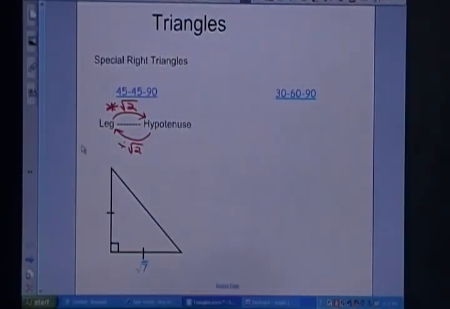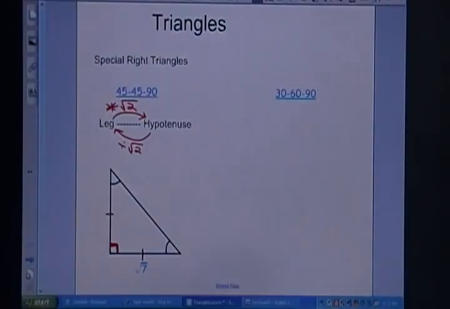Now here's an example. We know that this is a 90-degree angle because we've got a 90-degree sign, a little box down here. And then we've got two congruent legs, which means that the angles opposite them are going to be congruent. And since the angles opposite, those are both going to be 45, because we've already got a 90-degree angle.